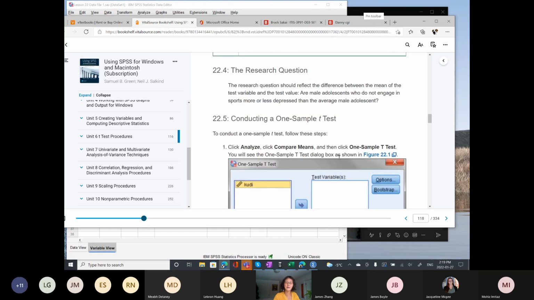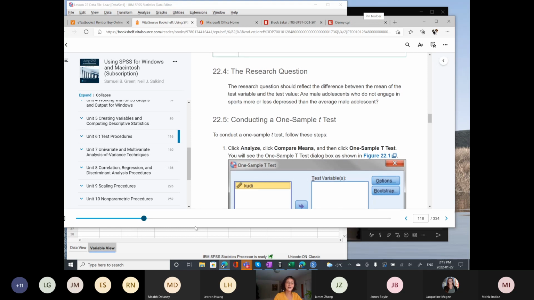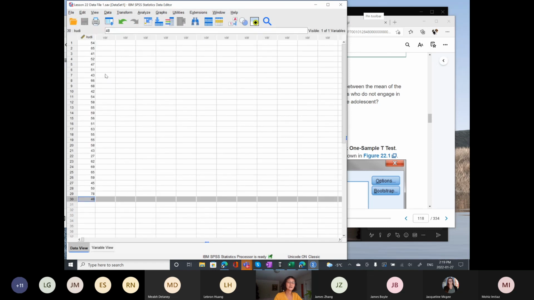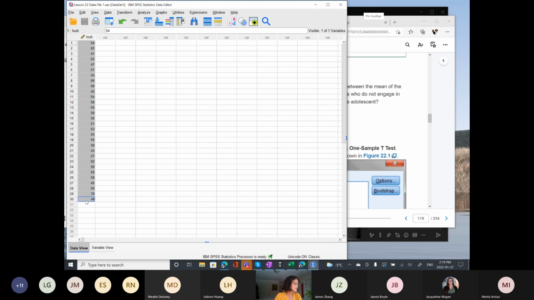Okay. This is just one sample. So we are going to do one sample t-test. To test what? We want to test if the mean is equal to 50 or not.